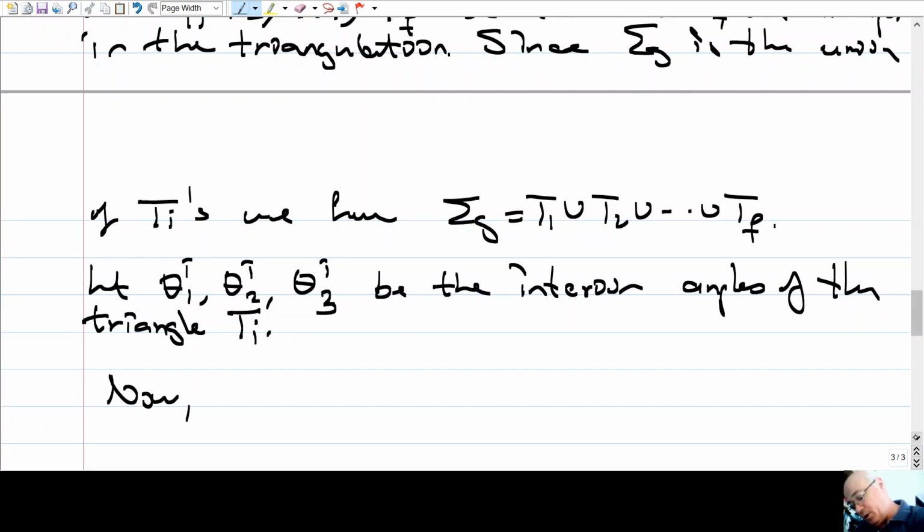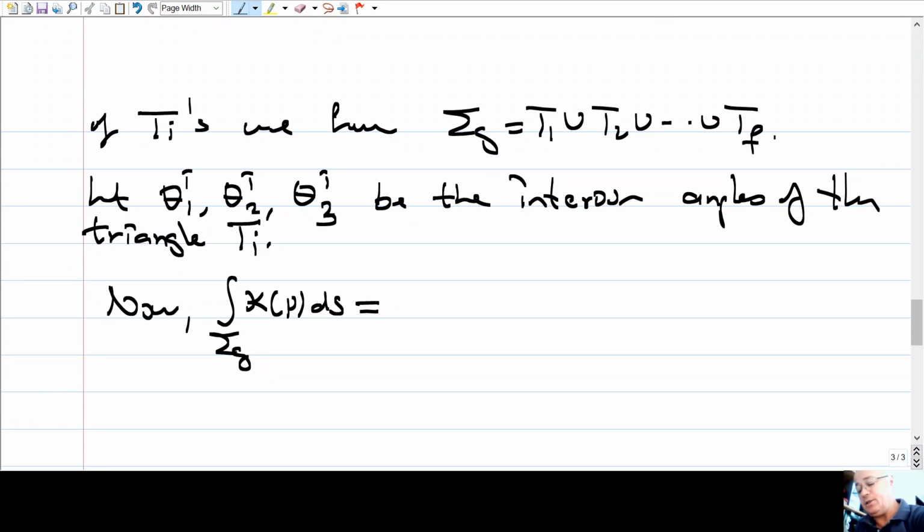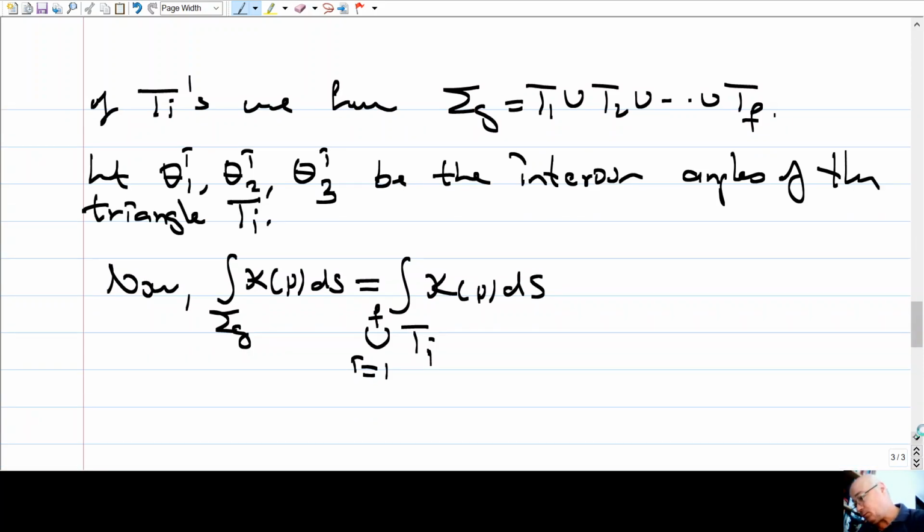Then we have the following. The integral over sigma g of kappa dS. Well, this surface is the union of these triangles, so the integral over this is equal to the sum of the integrals over each triangle. Let me write it this way: the integral over the union of T_i, i from 1 to f, of kappa dS.